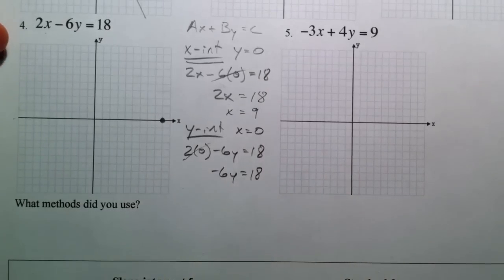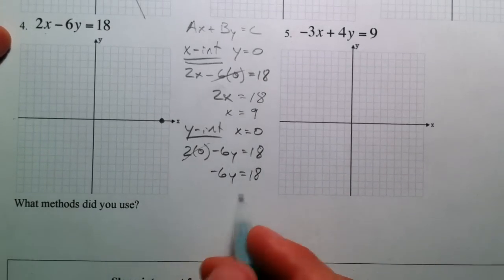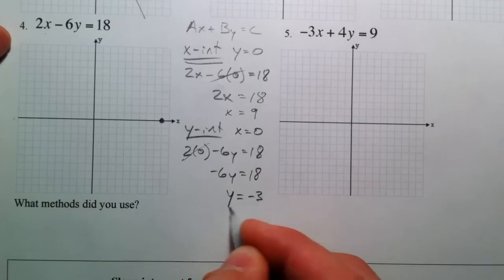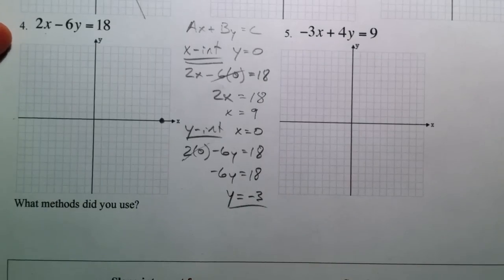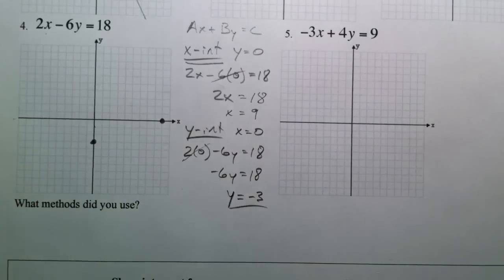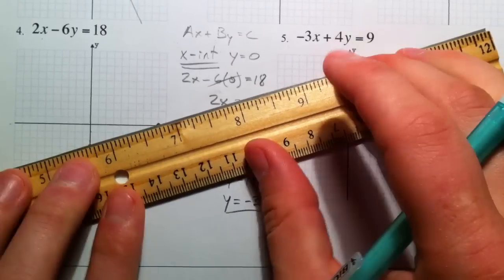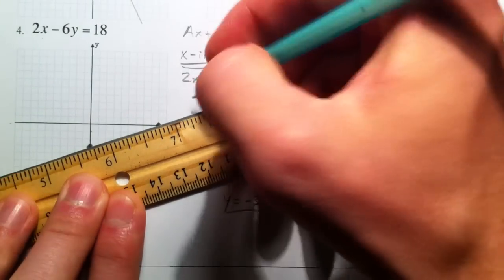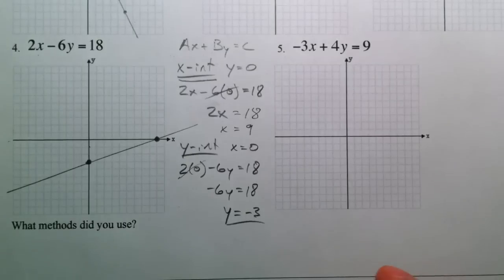And I don't have to write the 0 because 0 is nothing. Divide by -6, y equals -3. So down 1, 2, 3. And you can connect your x and y intercept with a line. And there you have it.